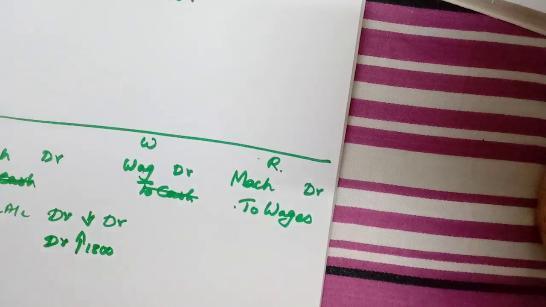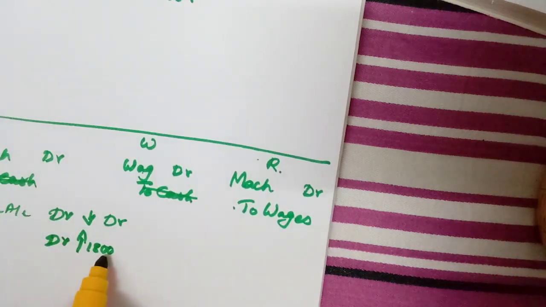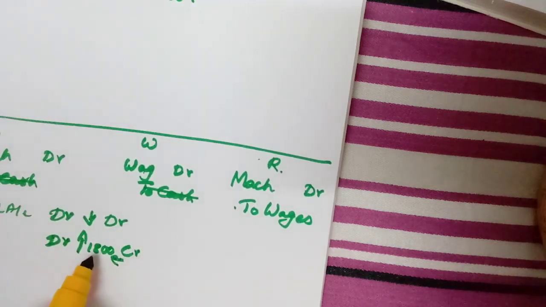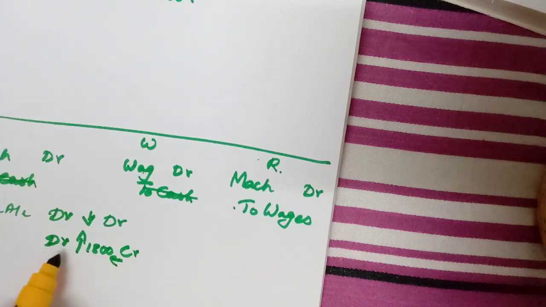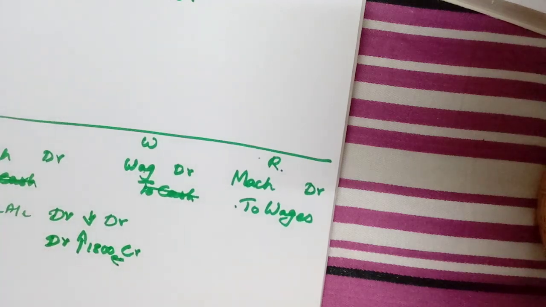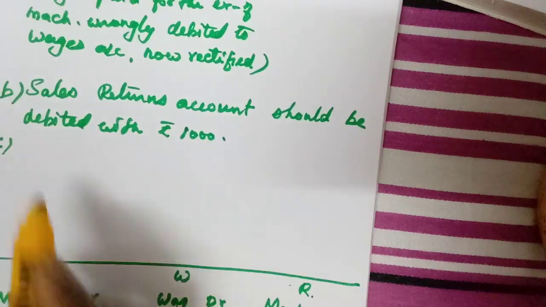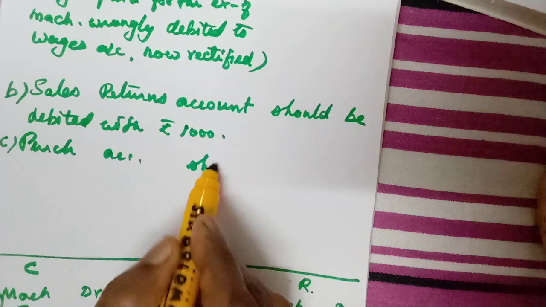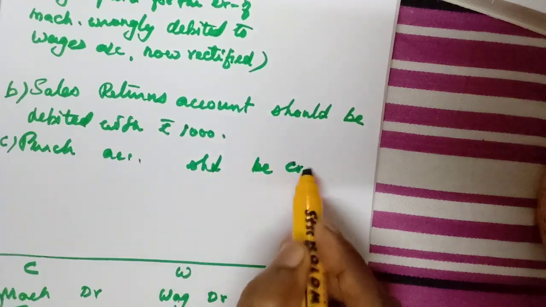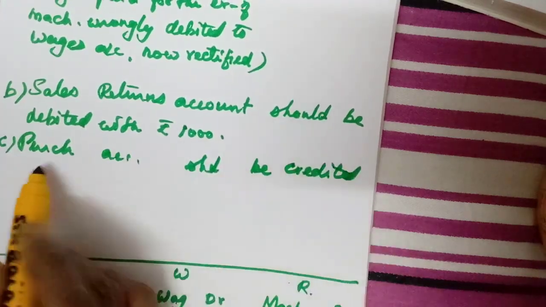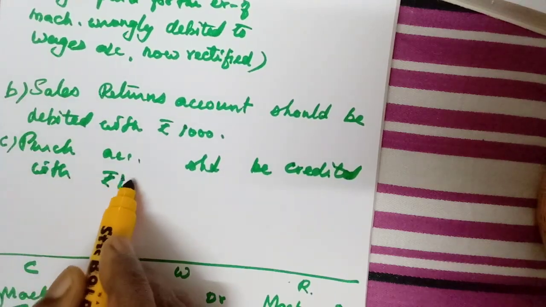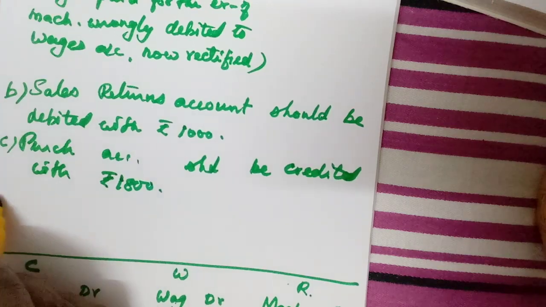So 1800 is more, and we need to credit this amount. Purchases account should be credited with rupees 1800. Then it will tally 200. So that is the statement we have to write. Then D.